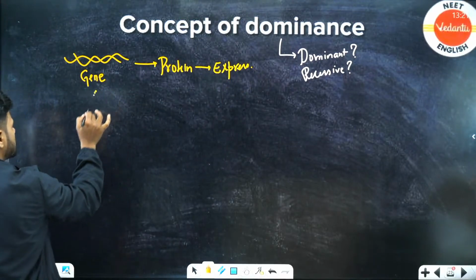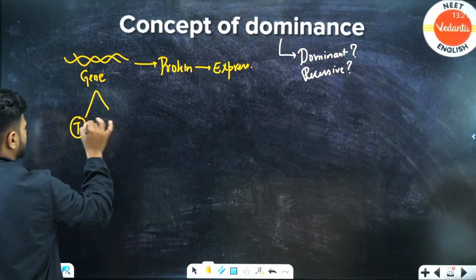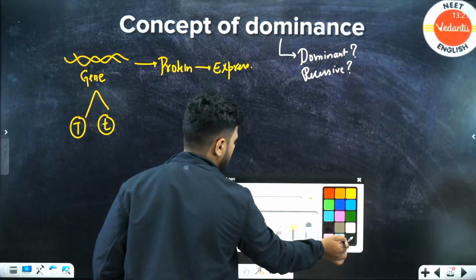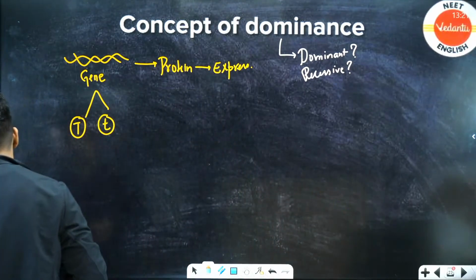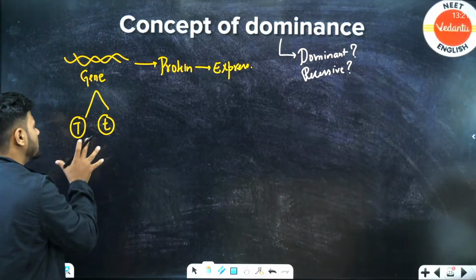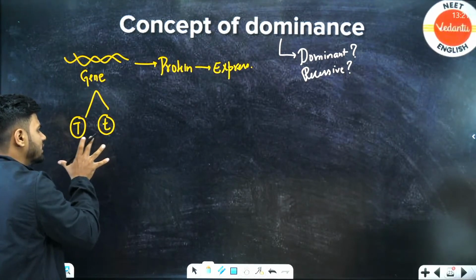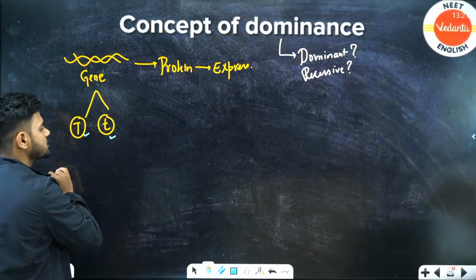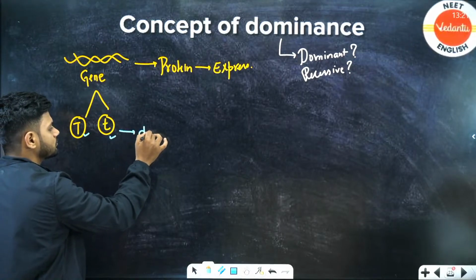So all of you know a gene has 2 different alleles. Now students, if you look at it, you'll be able to tell there is a clear difference between dominant allele and recessive allele.